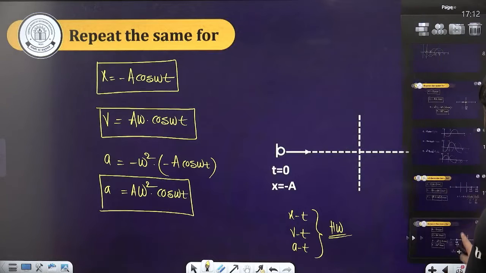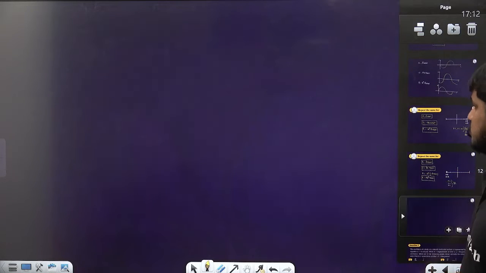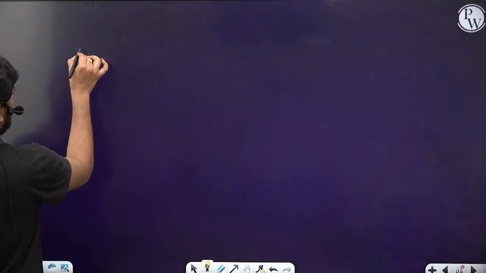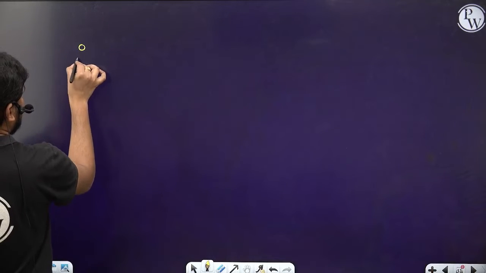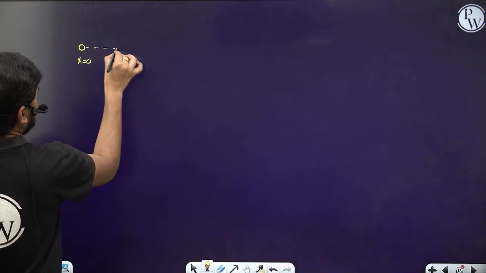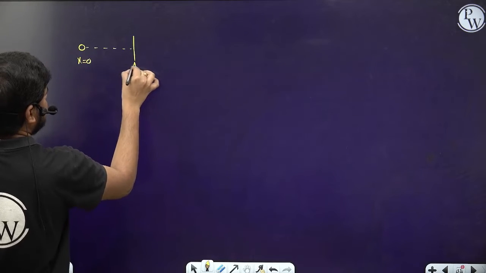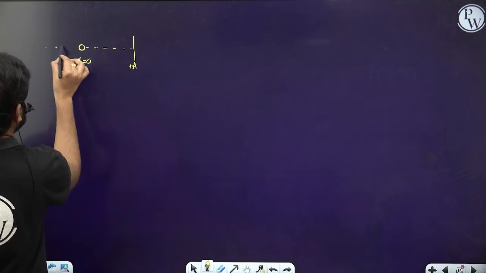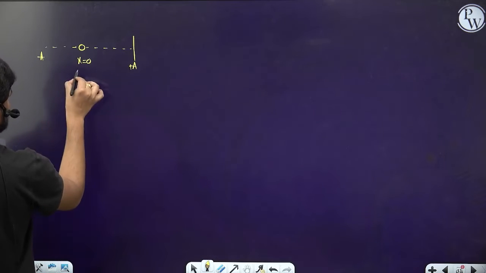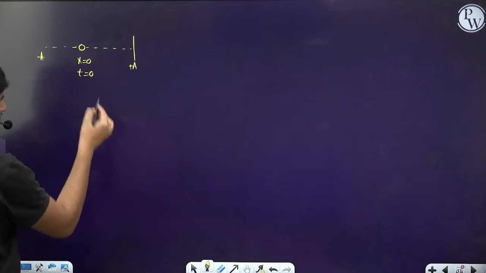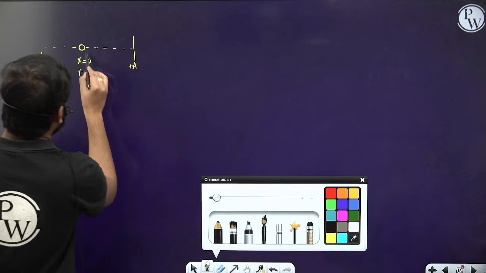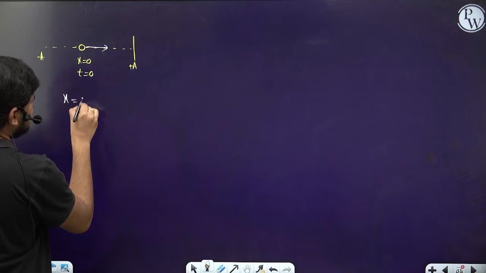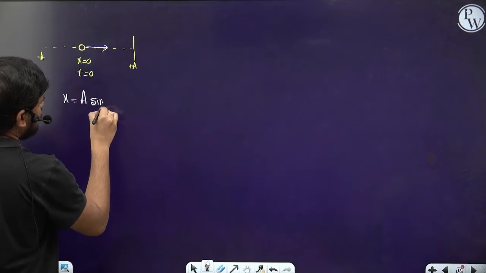So let me just summarize before going to the questions, in 2 minutes. At t equals 0, if the particle is starting from x equals 0 towards the right extreme position, this being the right extreme plus a and this the left extreme, then the equation for the S.H.M is x equals a sin omega t, guys.